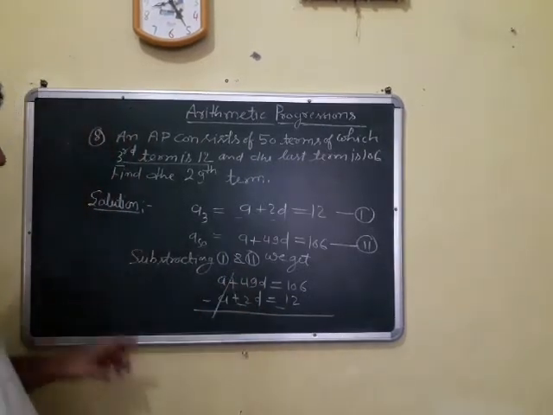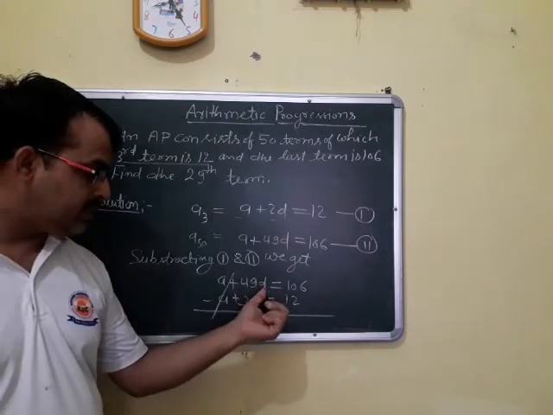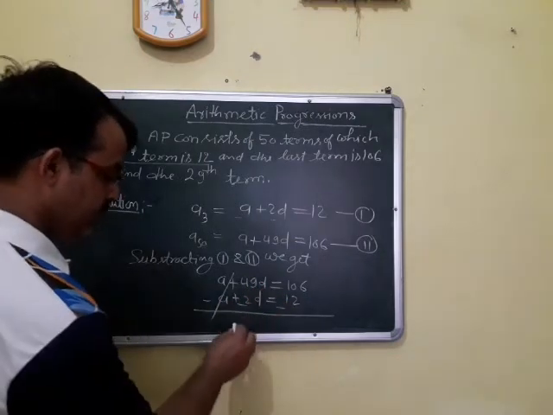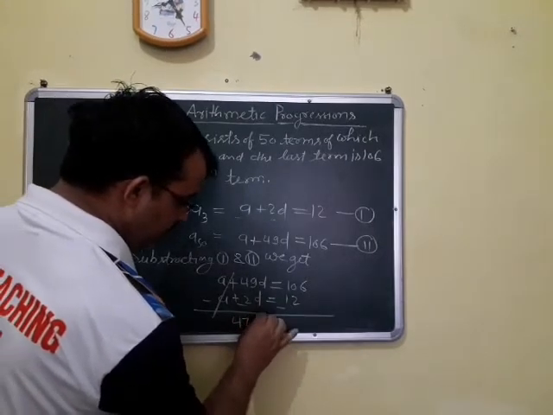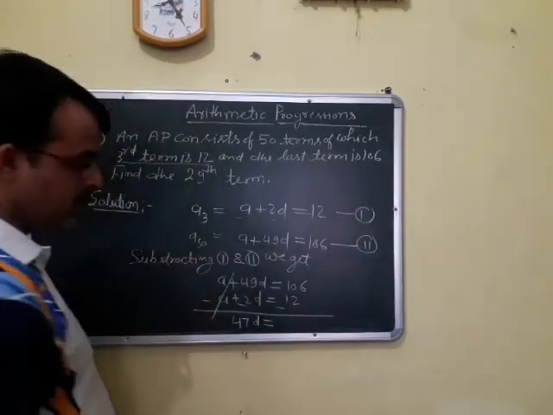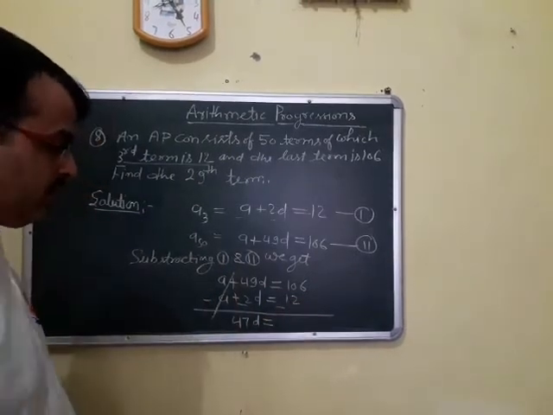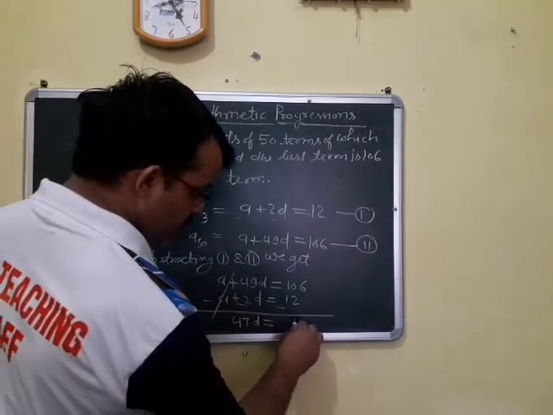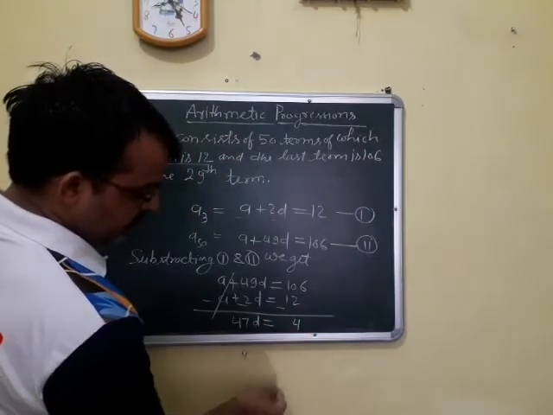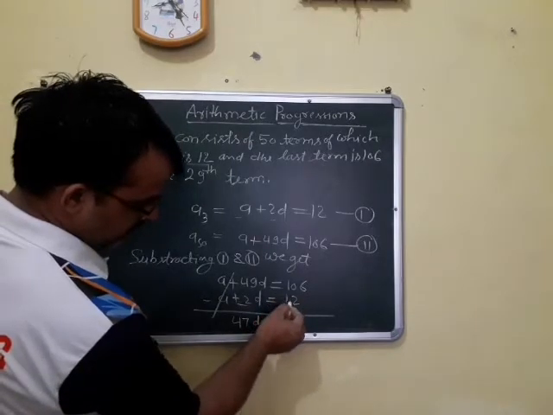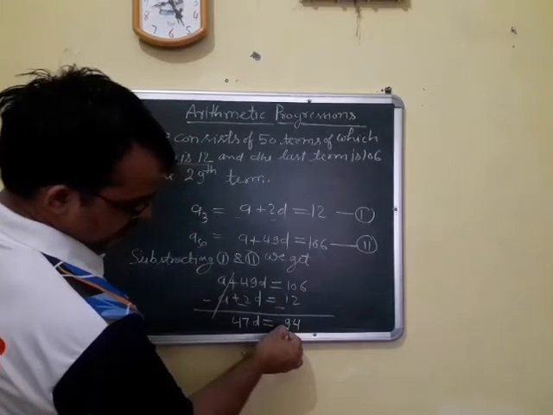This portion is cancelled, and we get 49D minus 2D, so 47D is equal to 106 minus 12. 6 minus 2 we get 4, and 10 minus 1 we get 9.